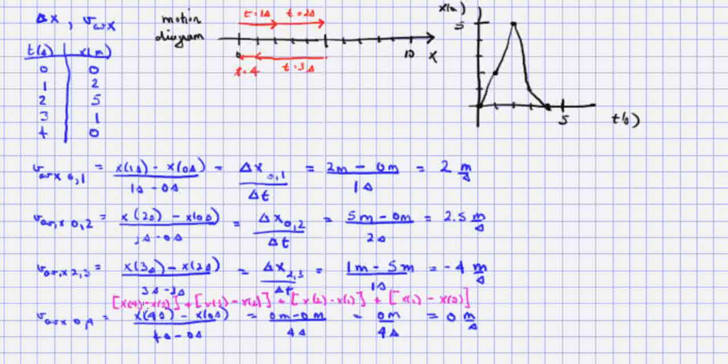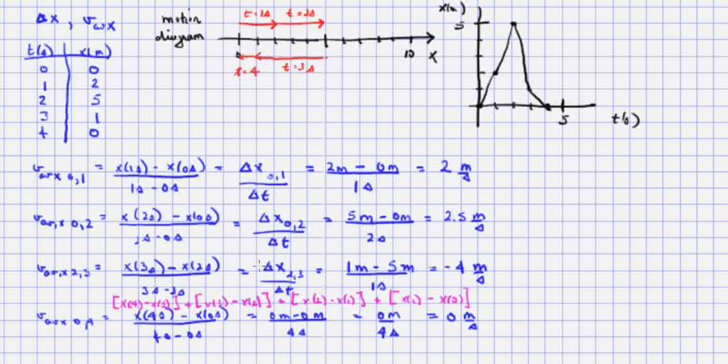And so the reason it's informative to write it this way is because if you look at this first term here, this is the displacement that you get in going from 3 to 4. And so that would be this right here.